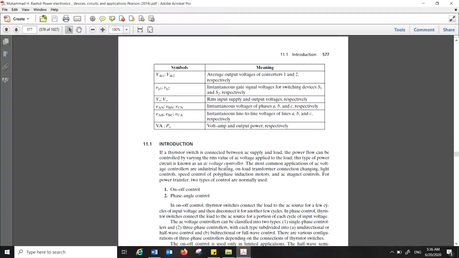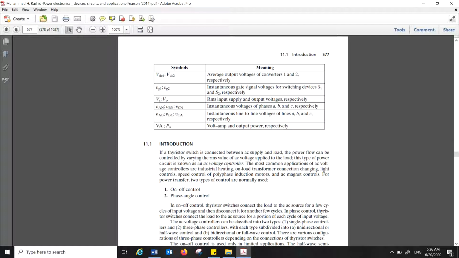We have a very common example in this case. If you have turned on your fan and you want to control the speed of your fan, you have a very smart dimmer connected in between, and you are feeding the AC supply to the load.